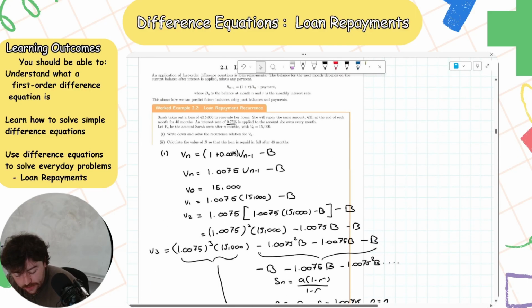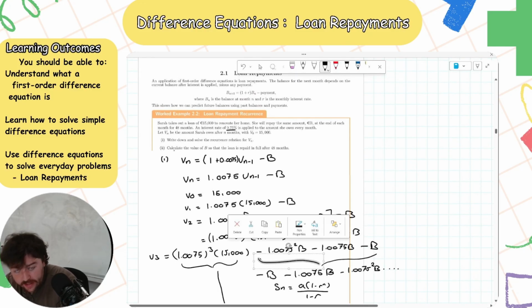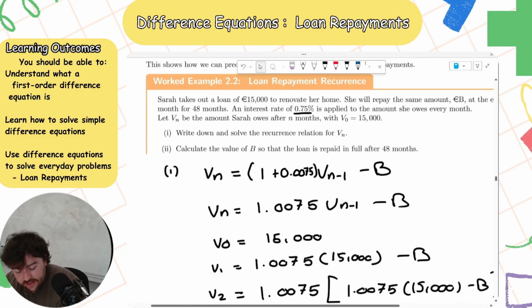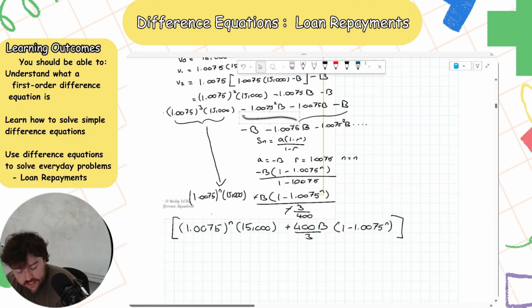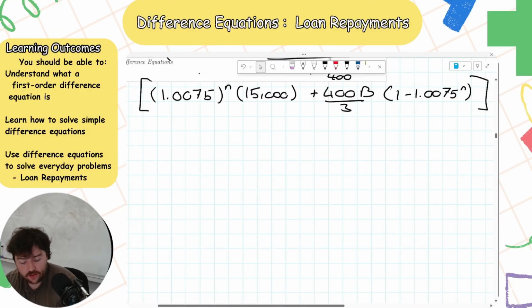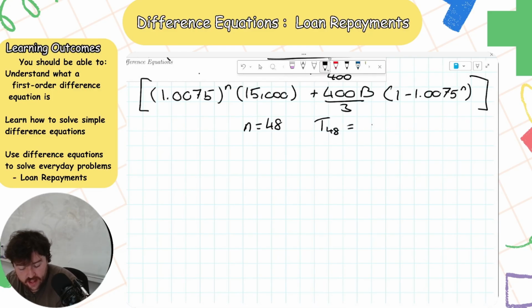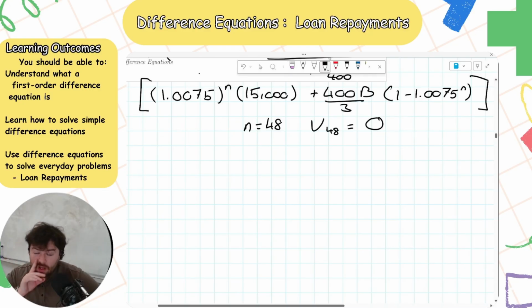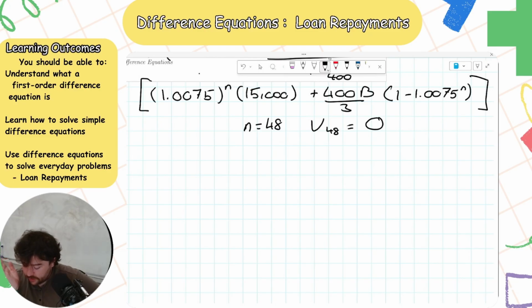We don't know what B is, what the repayment is. But what we do know is that the loan is repaid in full after 48 months, and we want to calculate what B is. So that means n is equal to 48, and V48 is going to be 0. She will have no money to pay back at the end of 48 months.